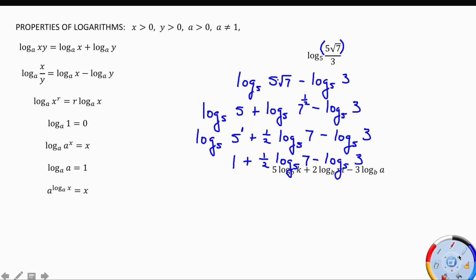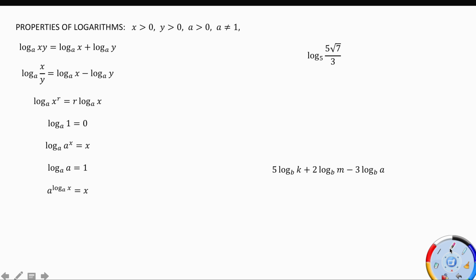Okay, likewise, if they're already expanded, I should be able to condense it into one logarithm, right, using these properties. But notice I can't have a number in front before I start condensing them into one. So my first step has to be to use this property to bring any number, any coefficient, up as the exponent.